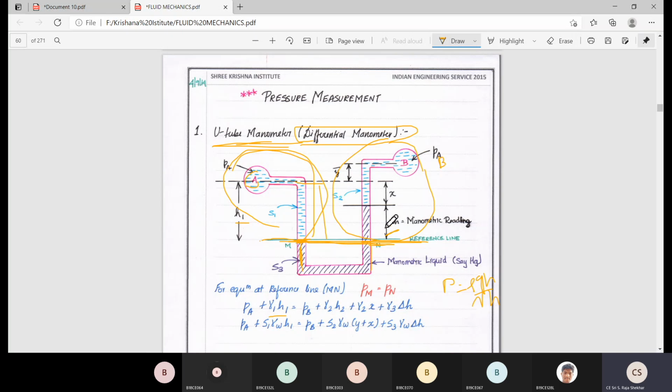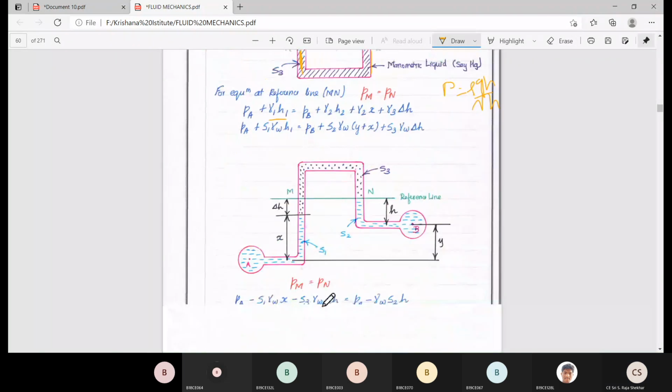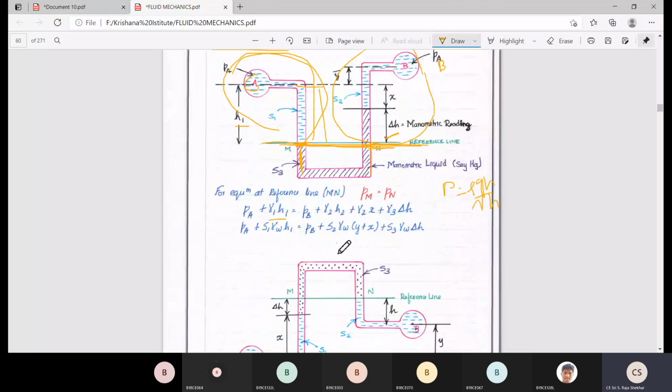If you equate these two and write PA minus PB, take the left side and take all remaining terms to the right side, that will give the pressure difference between the two sections.